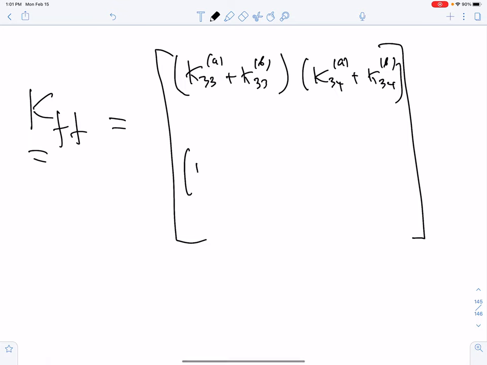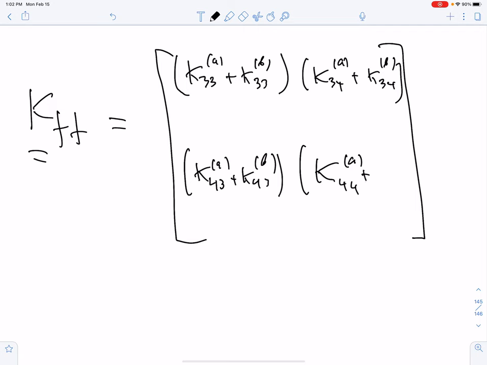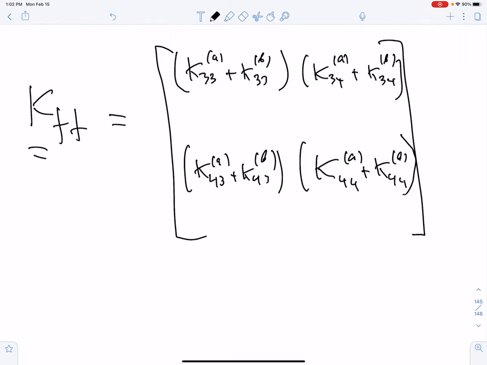The 2, 1 entry equals K43A plus K43B. And the last one, the 2, 2 entry, becomes K44A plus K44B. Okay. So what do you notice from here?